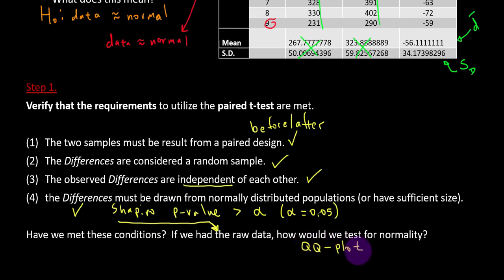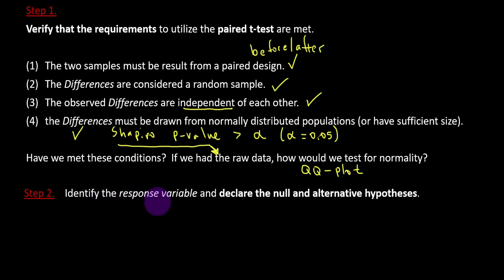All right, let's look at the next step. Let's identify the response variable, and then we'll declare the null and alternative hypotheses. So the response variable, what was measured? That was the peak expiratory flow rate. Null and alternative hypothesis, H0, HA.